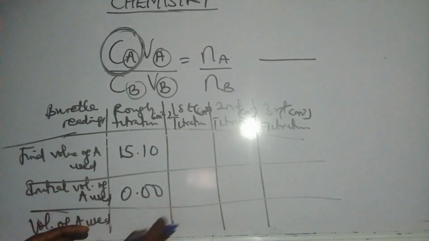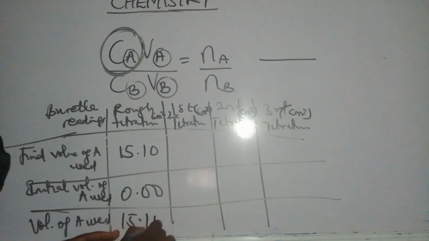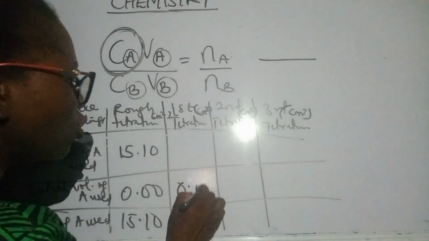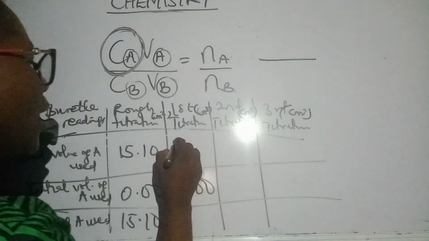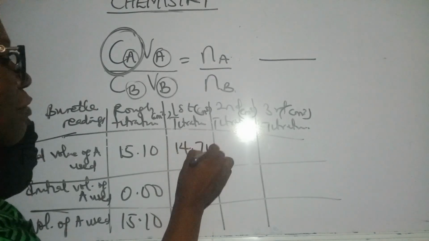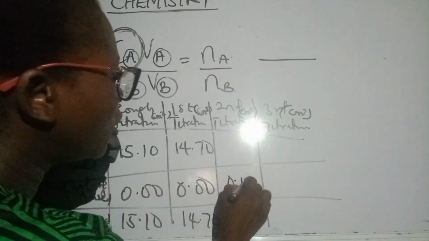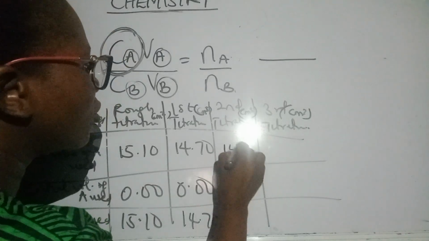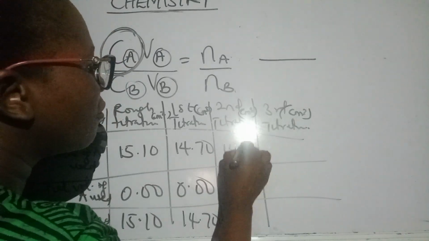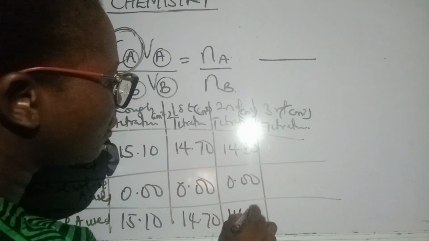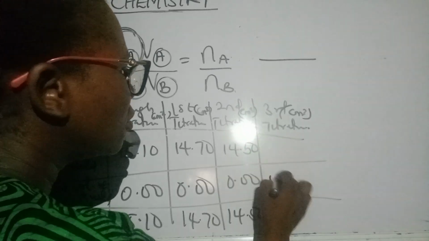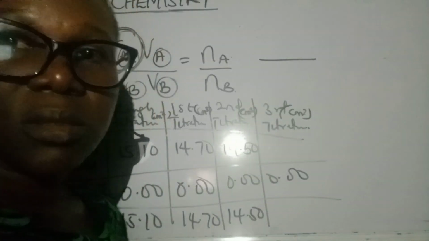So from here, your final answer is 15.10. Let's assume you fill your burette up to 0 point again and titrate again, and you get 14.70. Then you fill it up again, you titrate, and you get 14.50.